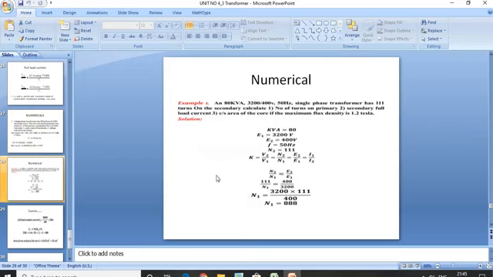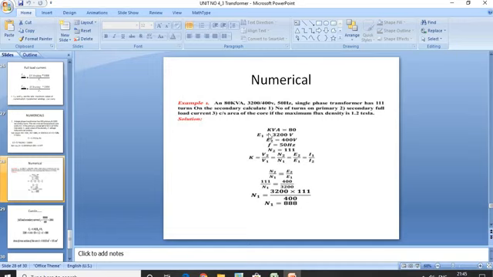Now second type of numerical: an 80 kVA 3200/400 volt 50 hertz single phase transformer has 111 turns on the secondary. Calculate number of turns on primary, secondary full load current, and cross sectional area of the core if the maximum flux density is 1.2 Tesla.